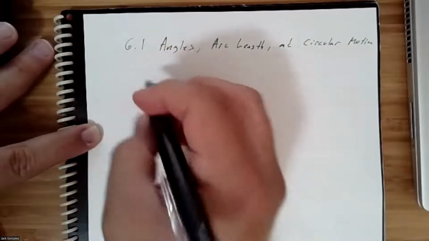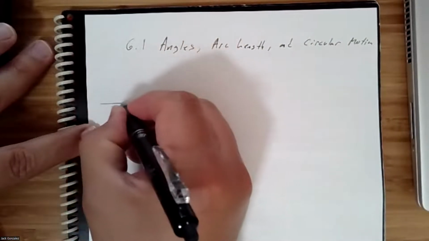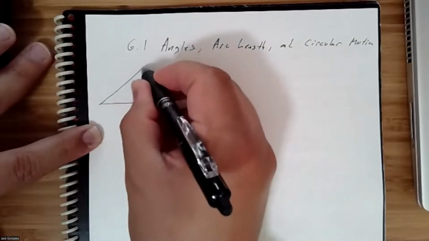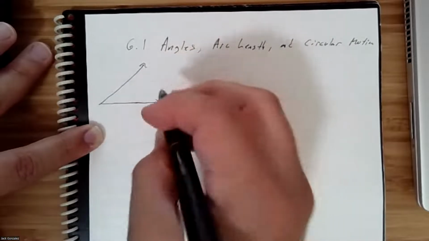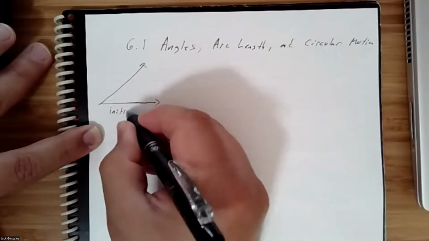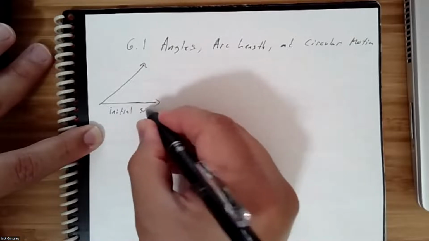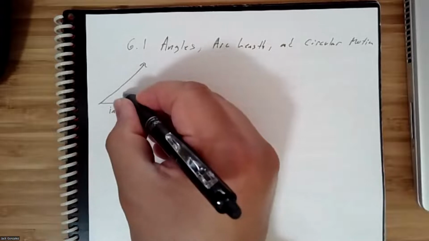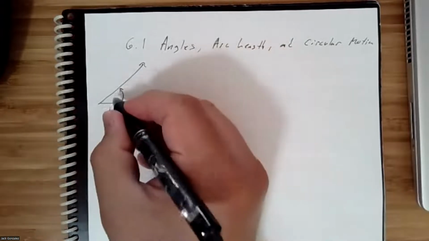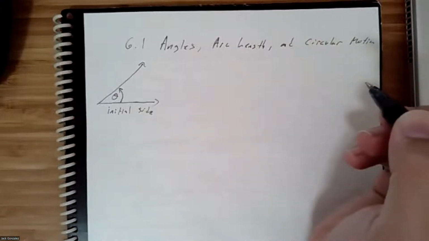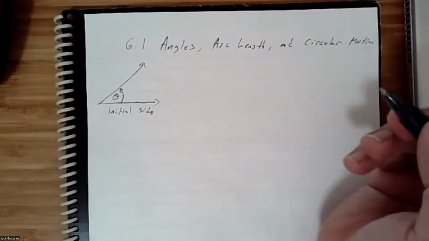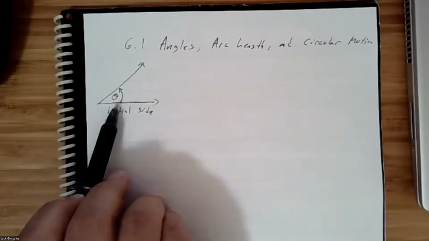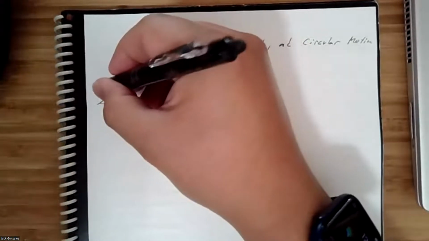Let's see here. Let me draw you a picture. So usually, or pretty much all the time, the initial side where your angle starts will be here. Okay. If the angle goes in this direction, counterclockwise, some theta measurement, theta degrees or radians, some theta distance, I guess, for now, from the initial side to the, we're going to call this the terminal side.